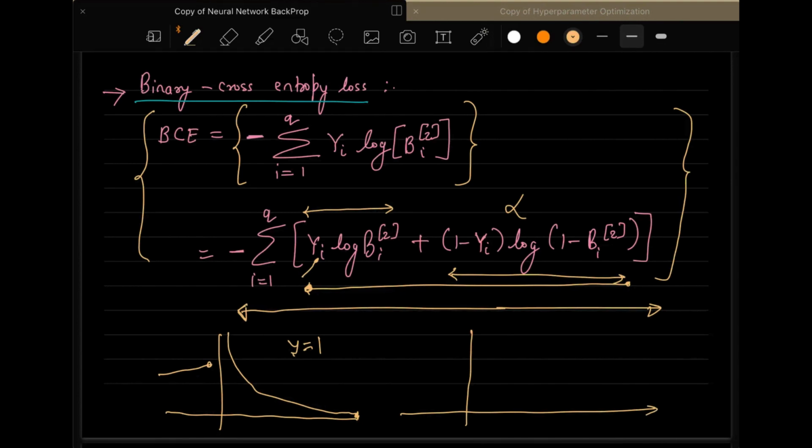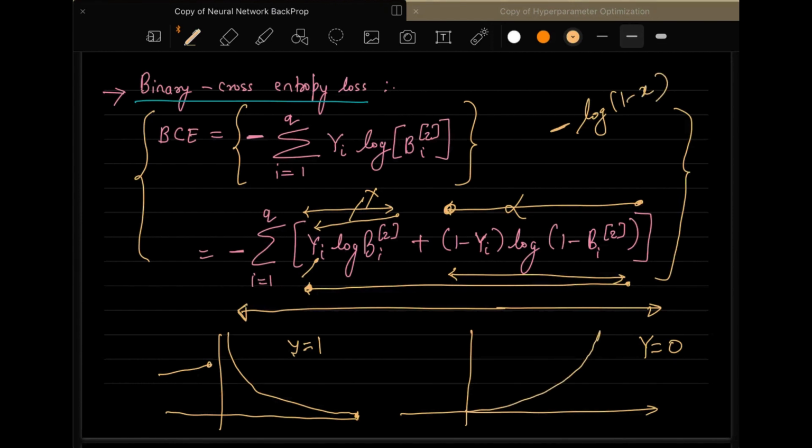When y is 0, this part will go away and only this will be there. If you plot this curve, that is minus log of 1 minus x, it will be plotted something like this.